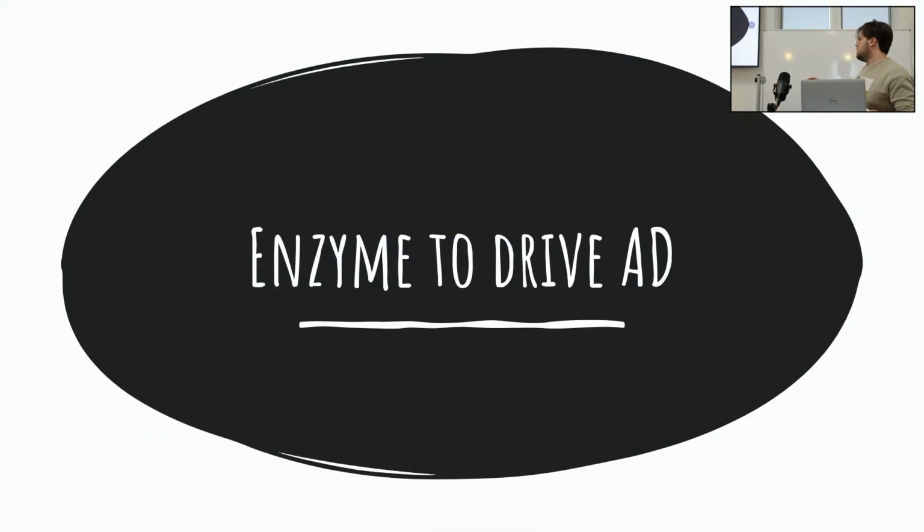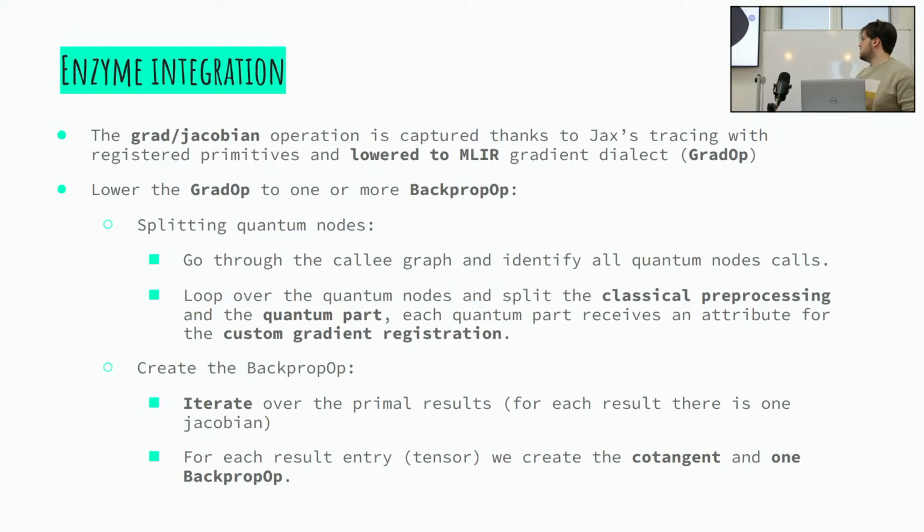Yeah, so now for the last part, I'll just explain a bit more what we have done to integrate Enzyme for driving the automatic differentiation. So as I said, gradient, Jacobian, VJPs and JVPs operations are captured in Python thanks to JAX.